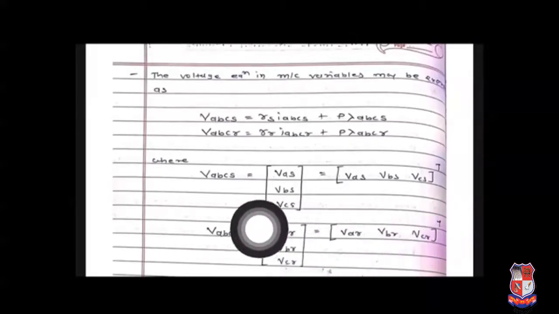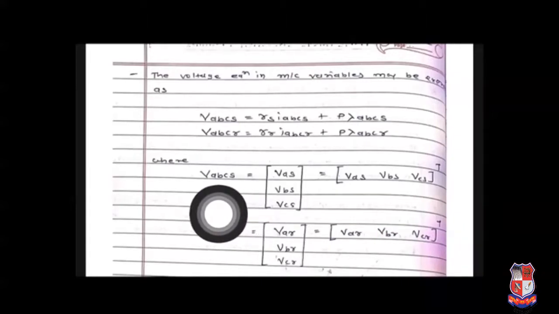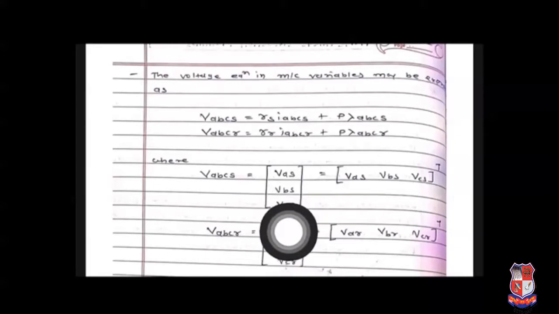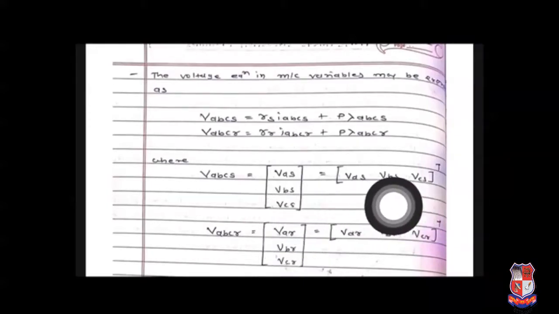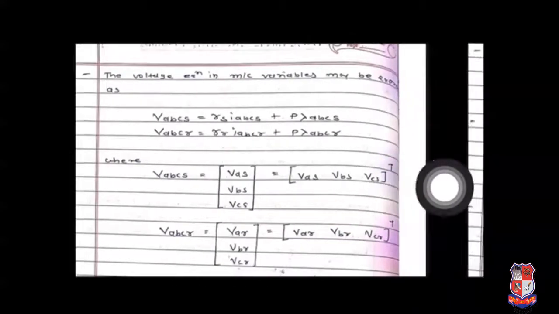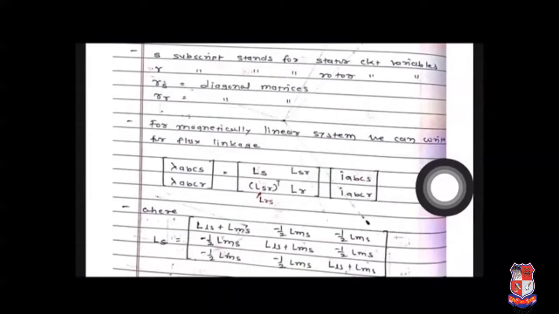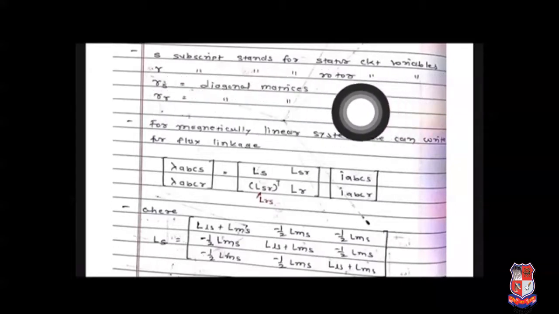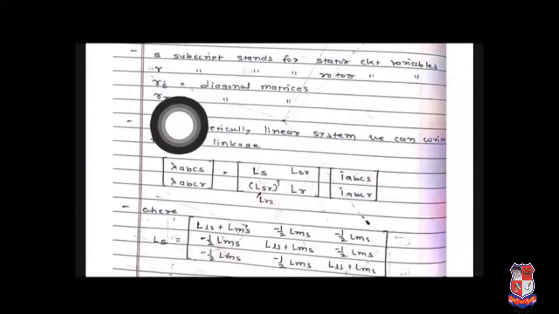Again in matrix form we can divide the VABCS in column vector VAS, VBS and VCS, and this column vector is the transpose of the same row vector. Same for the rotor side. Now S subscript stands for the stator circuit variable, R for the rotor circuit variables, RS is diagonal matrix, RR is also diagonal matrix for the rotor side.